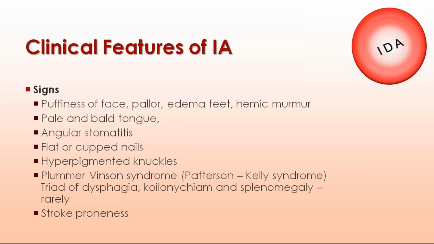Flat and cupped nails, platonychia and koilonychia. Hyperpigmented knuckles are not with iron deficiency anemia but with the other type of anemia, the megaloblastic. Plummer-Vinson syndrome, or Paterson-Kelly syndrome, is a triad of dysphagia, koilonychia, and splenomegaly. This is a rare phenomenon, but some examiners are fond of it. As I said, stroke proneness.